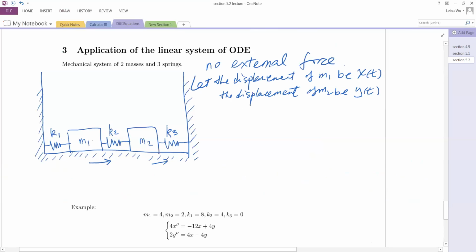So this is consistent with what we did last time. M1 has displacement x of t, M2 has displacement y of t, from their equilibrium position. Equilibrium position means the position when it's not moving at all, right?